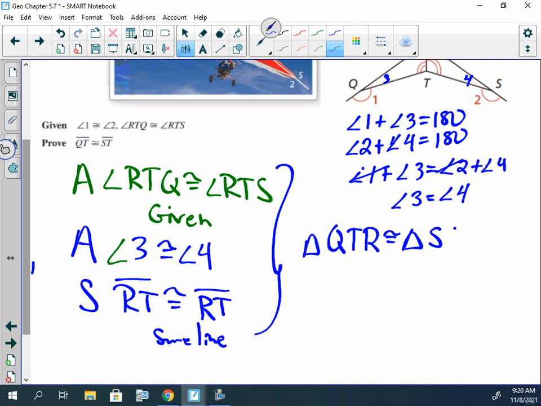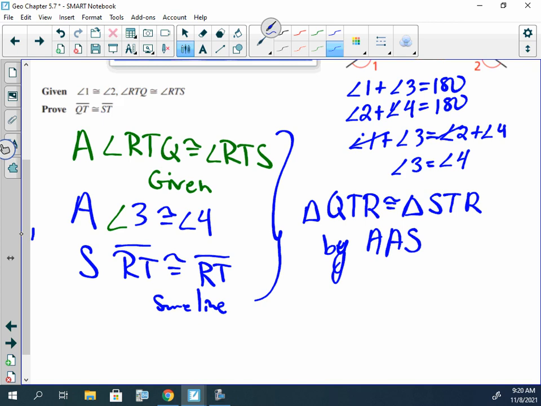Then go to R by CPCTC, not CPCTC. I'm getting ahead of myself. But how do we do it? Angle side. Any questions on how we showed that the two triangles are congruent?